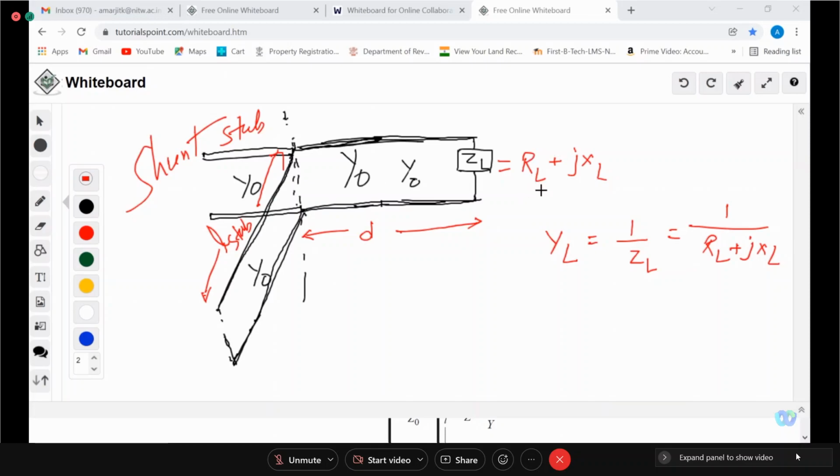So here ZL is equal to RL plus jXL. So what will be the impedance here? That is the question. What will be that impedance?